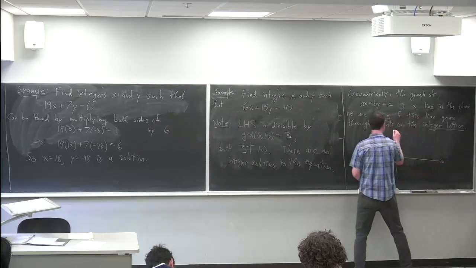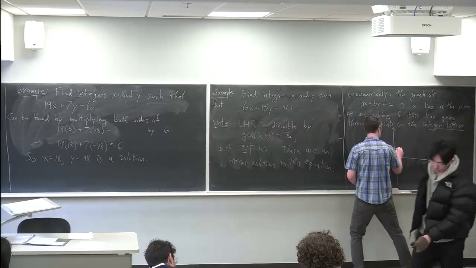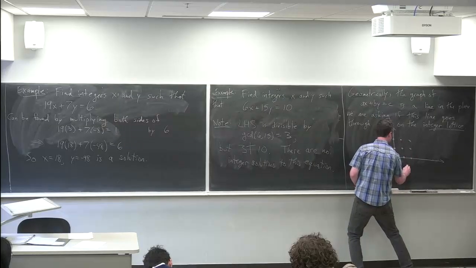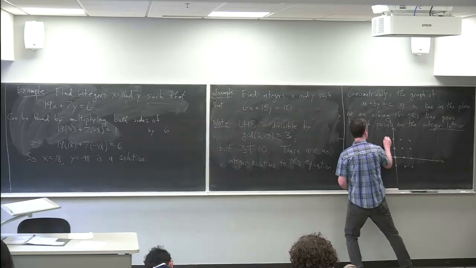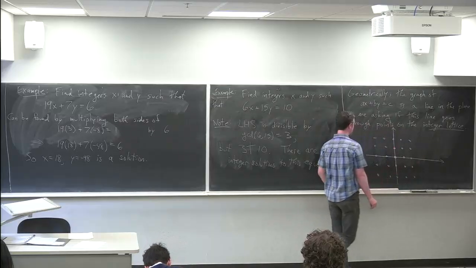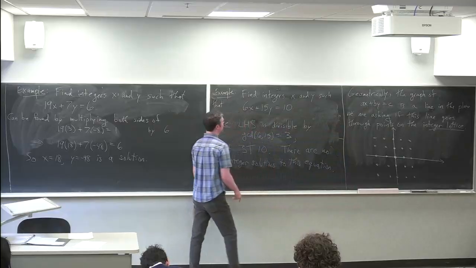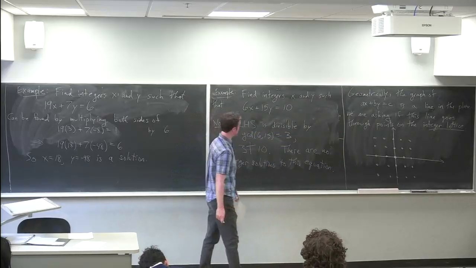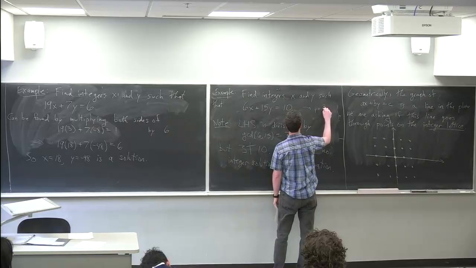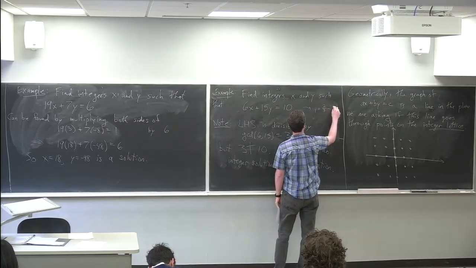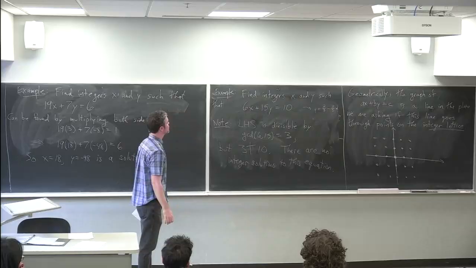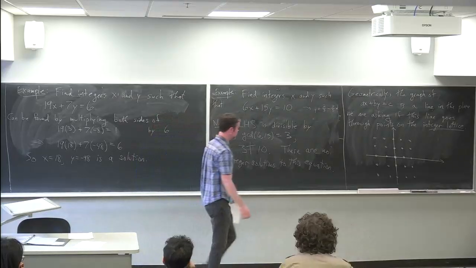Think of the Cartesian plane. The integer lattice is a bunch of points that look like this. They go all around. I'm not going to draw them all, but points like this. And when you graph a line, I could try to make a lazy graph of this. You solve that equation for y, and it looks something like that.